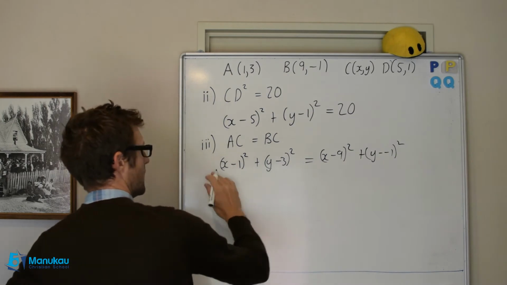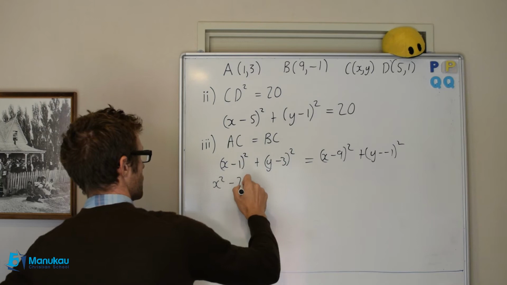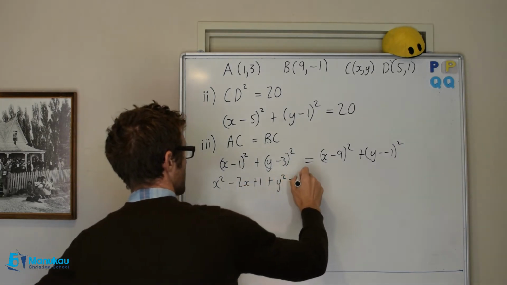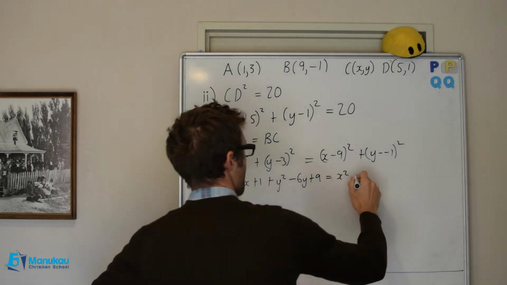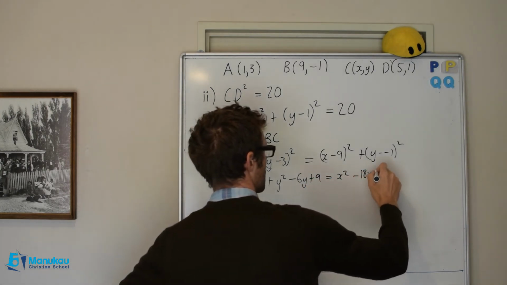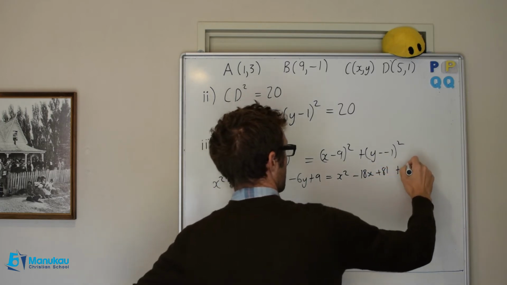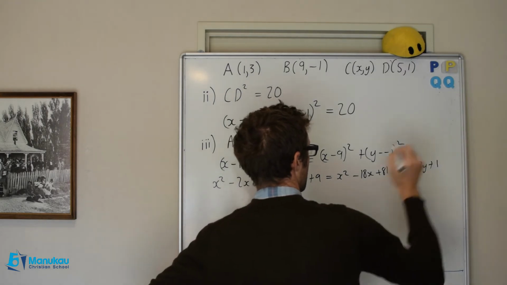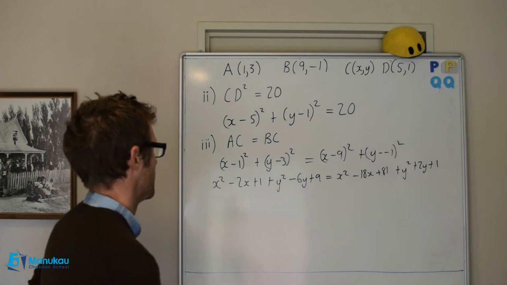Now if we multiply these all out, we'll have x squared minus 2x plus 1 plus y squared minus 6y plus 9 equals x squared minus 18x plus 81 plus y squared plus 2y plus 1. And now we need to simplify.